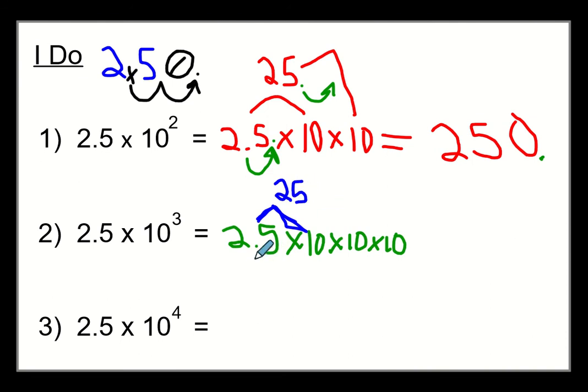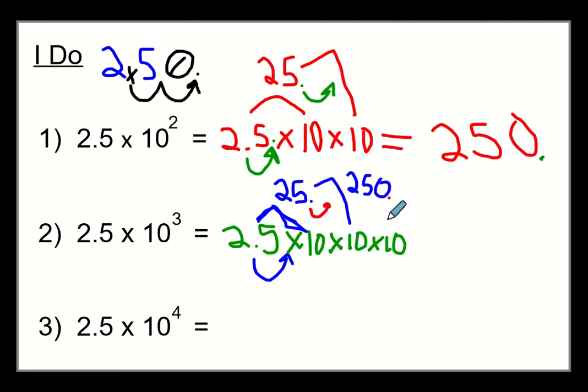What that tells me is that I have moved my decimal over one place to the right. Now I need to multiply my 25 by this other 10. When I multiply 25 by 10, that's 10 groups of 25. I end up getting 250. Again, I have moved that decimal over one more place to the right.